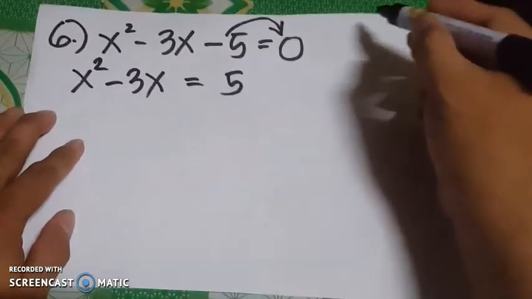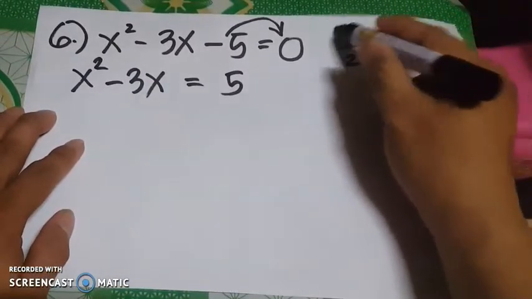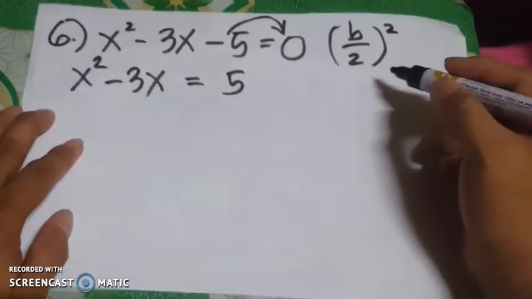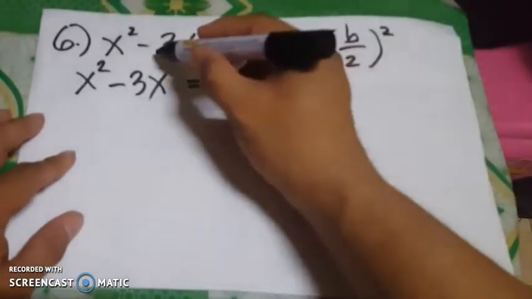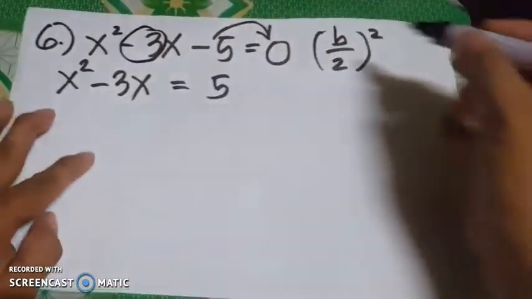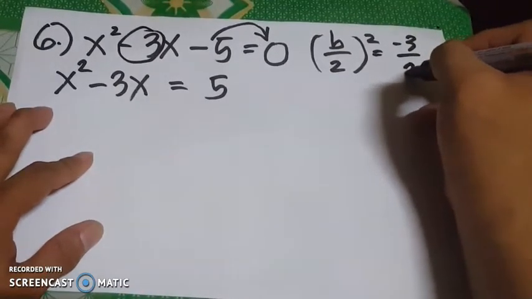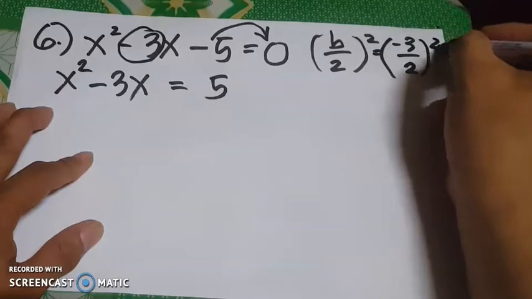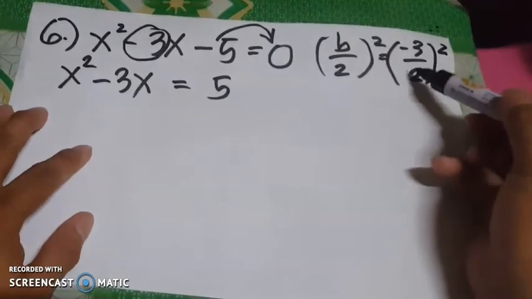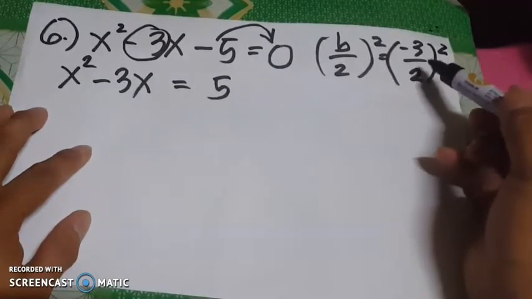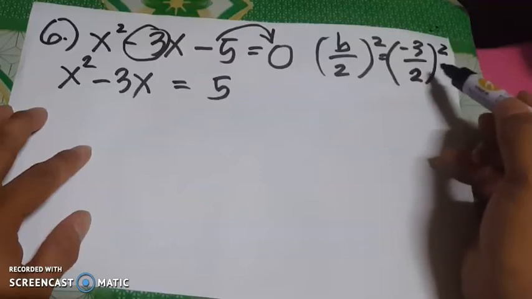going to make use now of the expression b over 2 quantity squared. So the value of b in the given equation is negative 3. Substitute it, that would be negative 3 over 2 quantity squared. So hindi siya exactly divisible. So even if it's not exactly divisible, pwede pa rin tayo mag-answer.